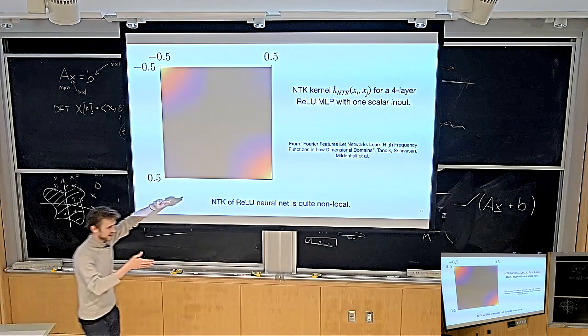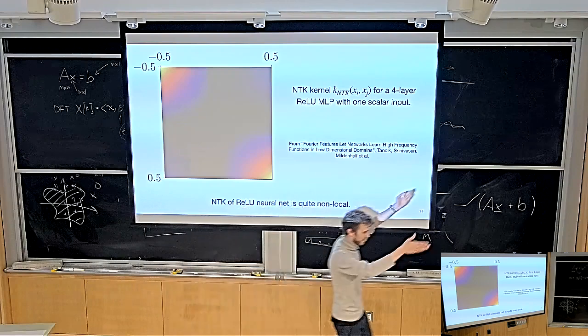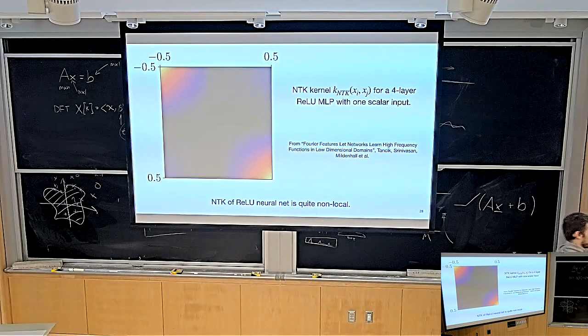Actually great. These guys went all the way. I didn't understand this back then. They figured out the relationship to neural tangent kernels. So this is in fact the neural tangent kernel for a 4-layer ReLU MLP with one scalar input. So you have one input, x on one axis, or x1. You should always label your axis.